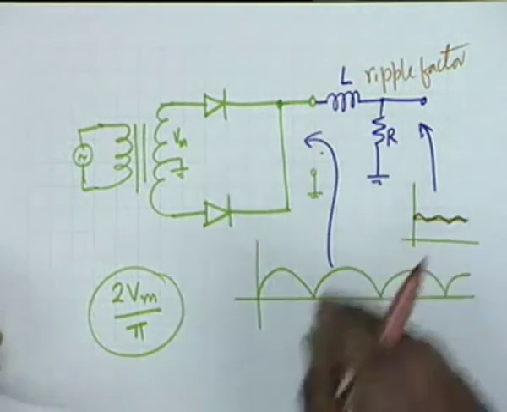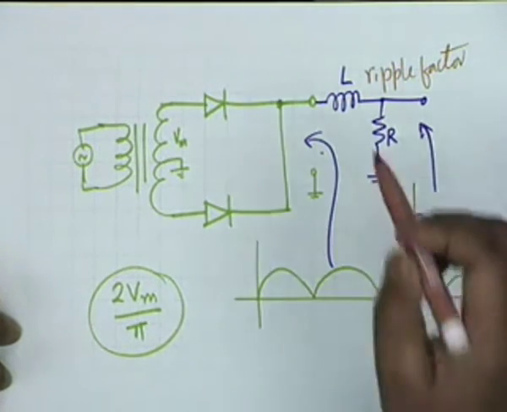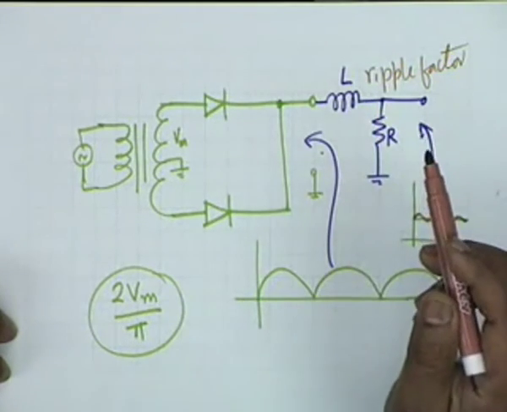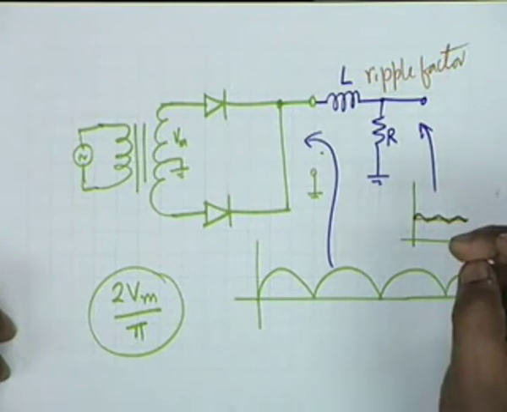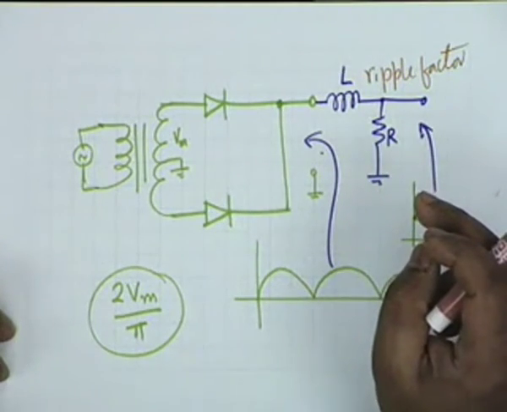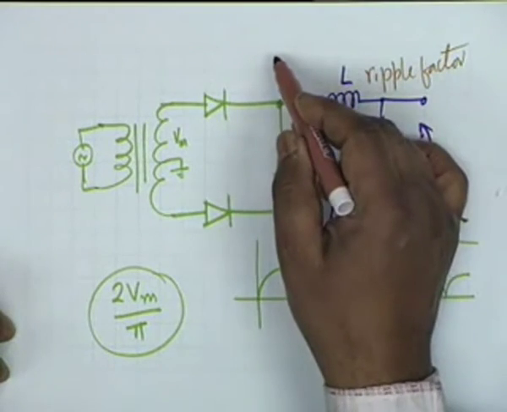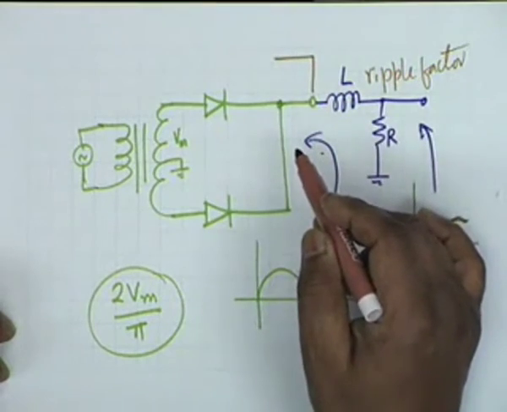Now we would like to make a little more in-depth study of this filtering effect, but let me mention to you first that if you want a simple filter like an LR filter, did I tell you that this is an L type filter because it resembles the letter L?